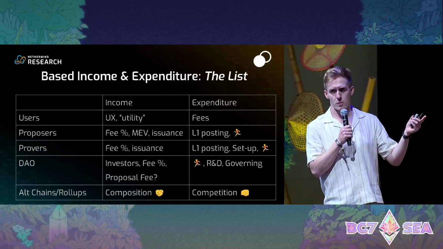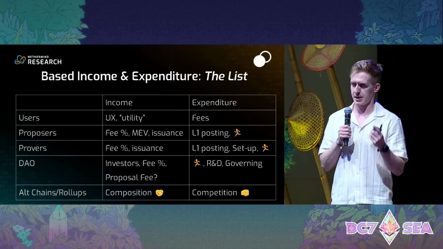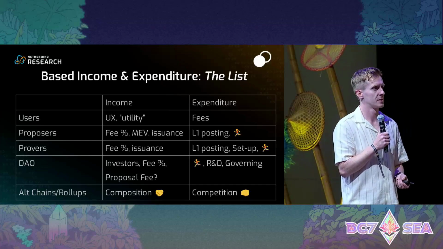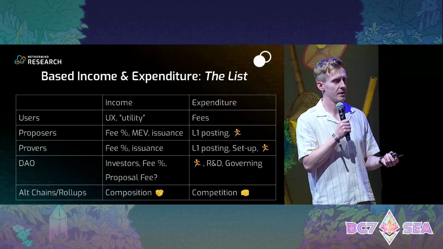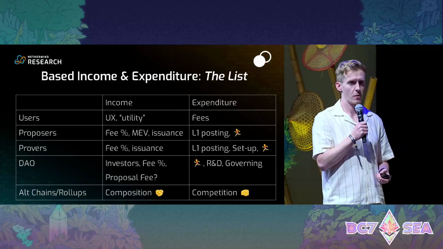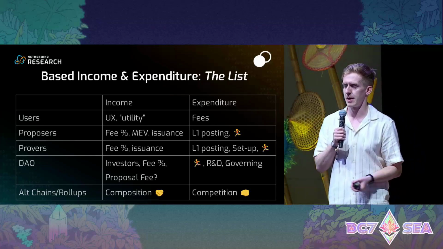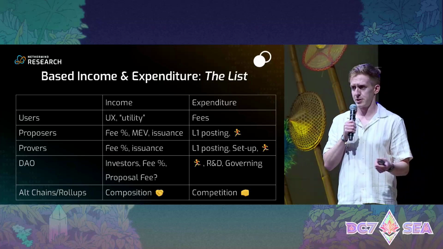So the users have this warm fuzzy UX or utility that's hard to quantify, but they pay very quantifiable fees. We just need to make sure that there is still some utility that these users are getting, and if they stop paying fees, then we probably have to question, are we charging too much, or are we actually generating any benefit to the users? Proposers. The proposers have relatively straightforward costs as well.